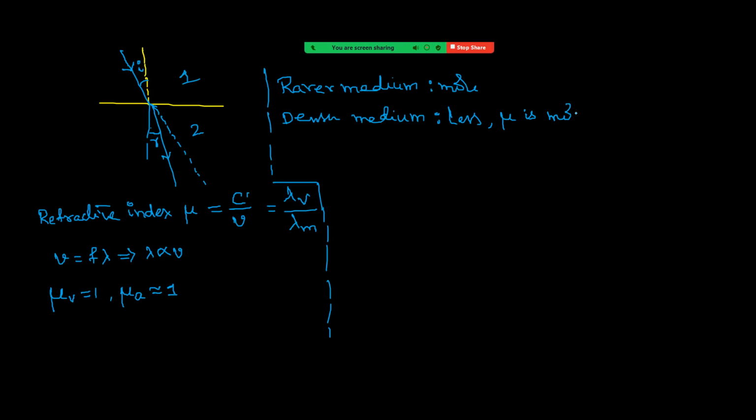Means when you are given two media which has mu value more, that is denser medium. Mu value is less. That is a rarer medium. That means by seeing refractive indices, we can decide which is denser medium and which is rarer medium.